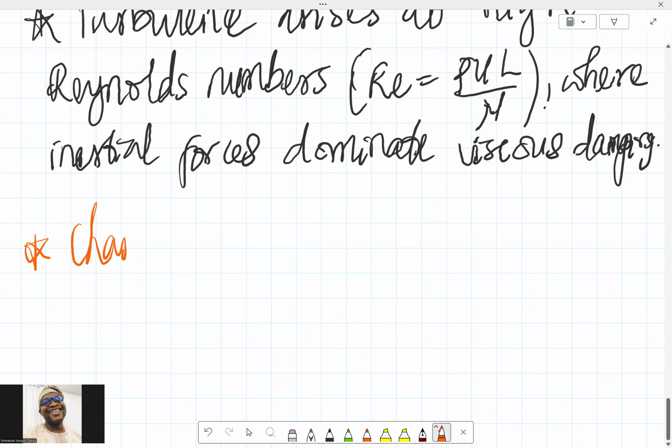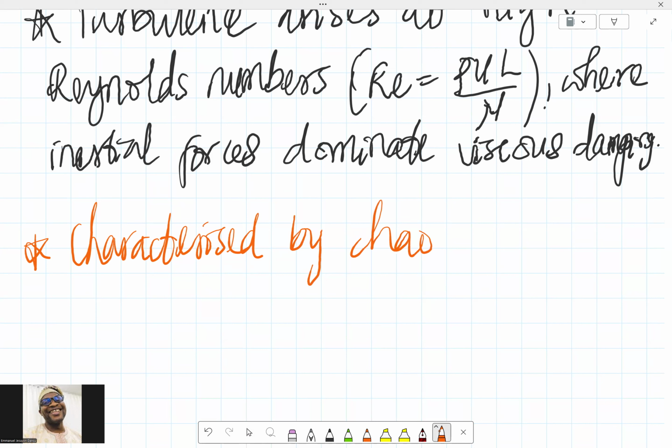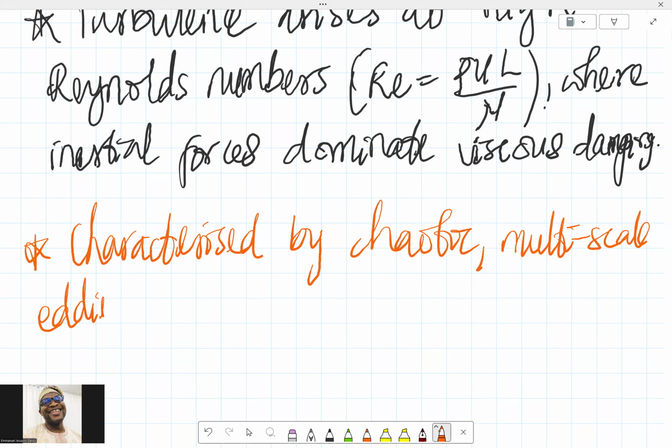Then turbulence is also characterized by chaotic multi-scale eddies.